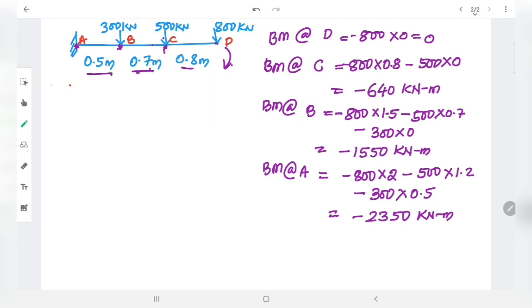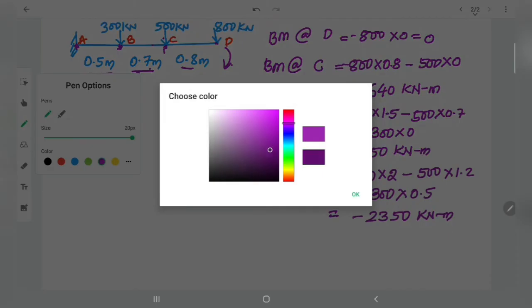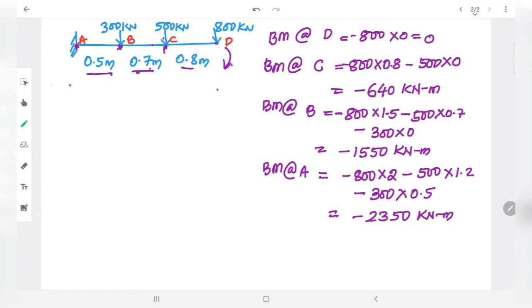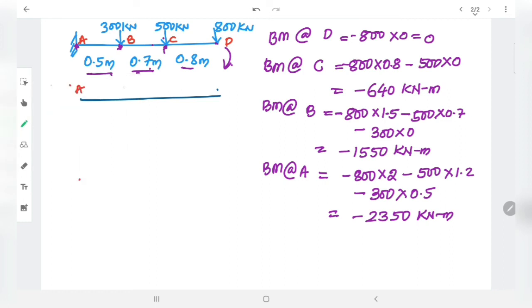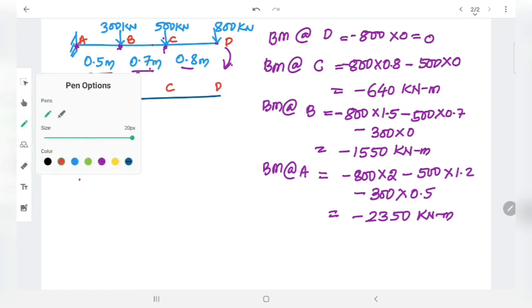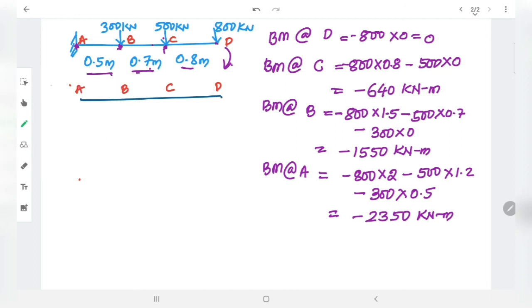Now I will draw the bending moment diagram. So this is the scale. I will be writing A, B, C, D here. We are here drawing a graph.